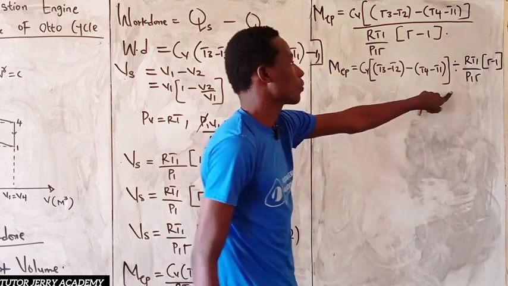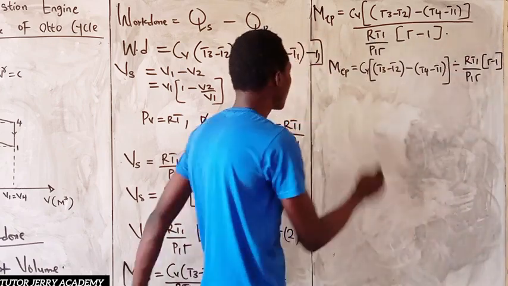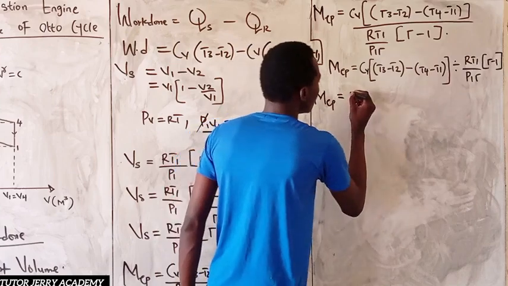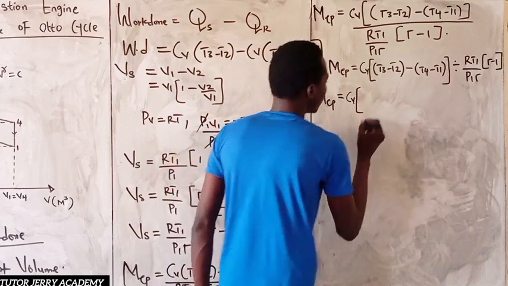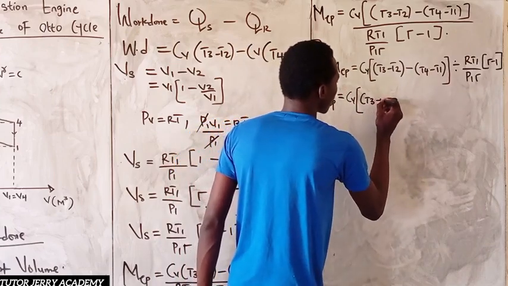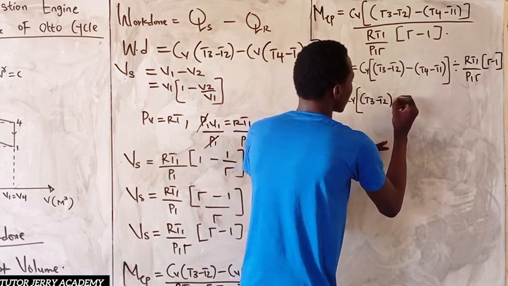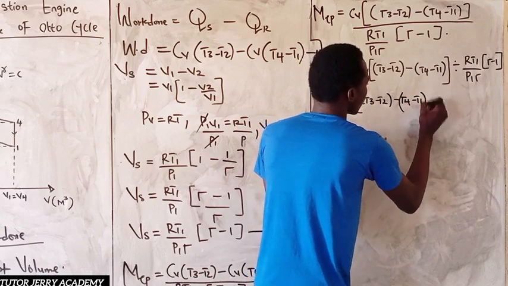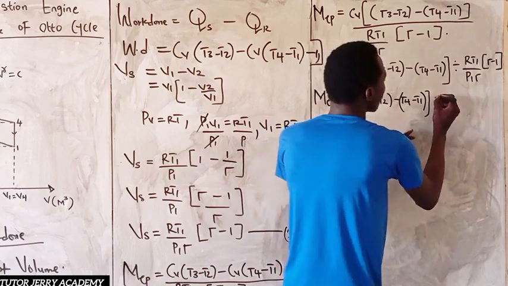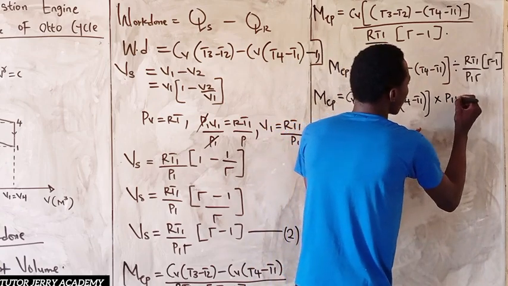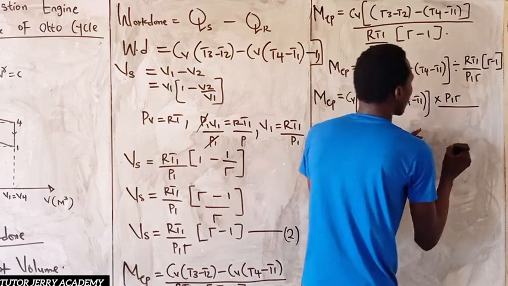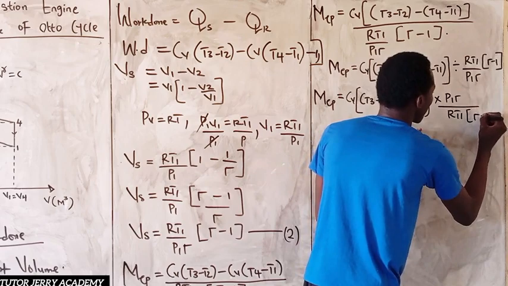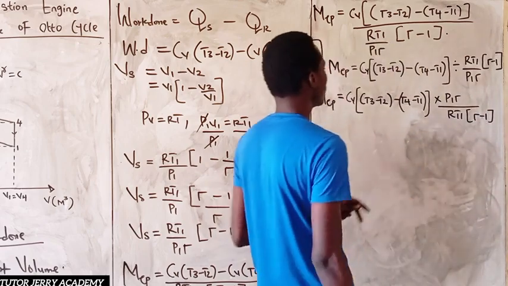To change this to multiplication, I take the inverse of this. So my mean effective pressure will be equal to CV all into the bracket of T3 minus T2, close bracket, minus the bracket of T4 minus T1, close the bracket. This will be multiplied by P1 compression ratio all over RT1 into the bracket of compression ratio minus 1.